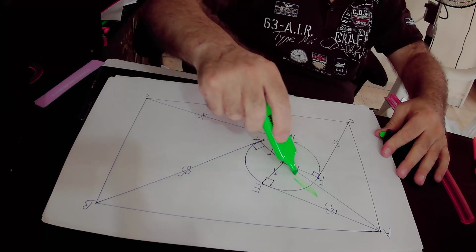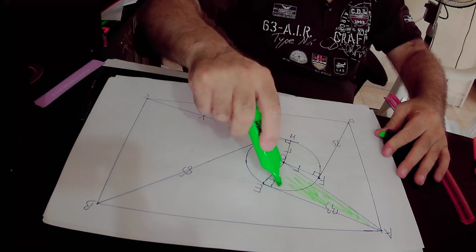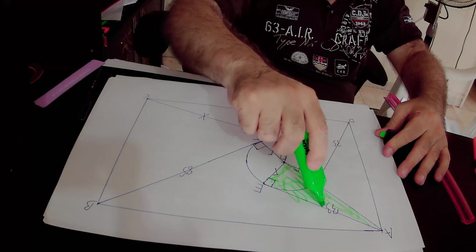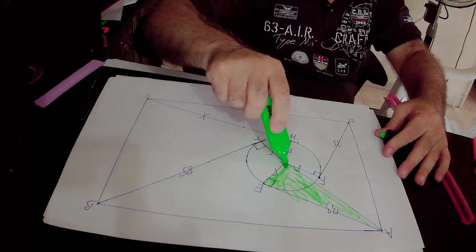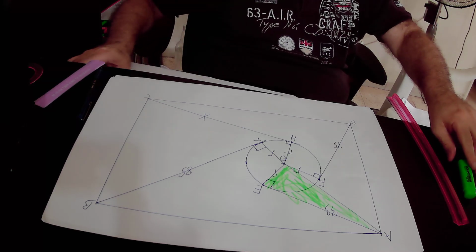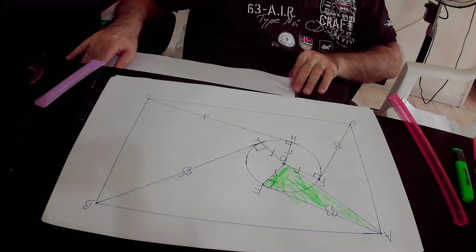We'll implement the Pythagorean theorem on the right triangle, triangle AOE. In the right triangle AOE, by the Pythagorean theorem we have the relation.